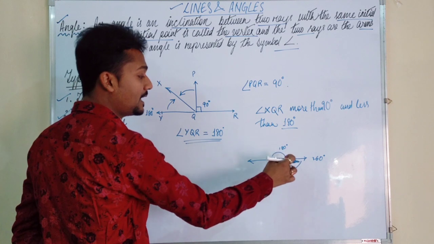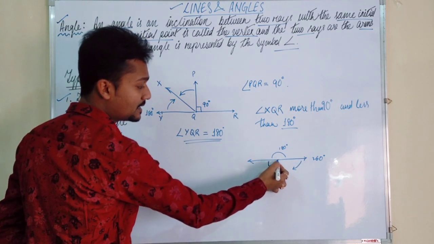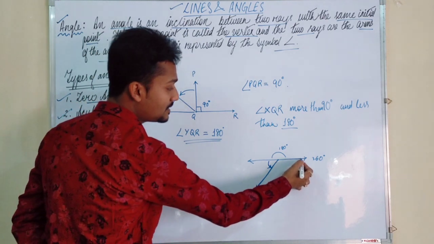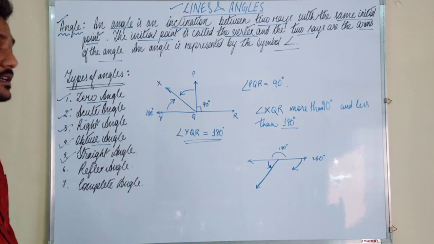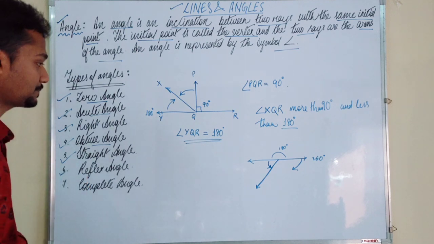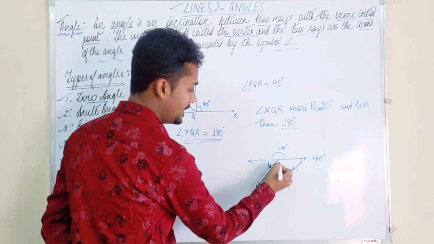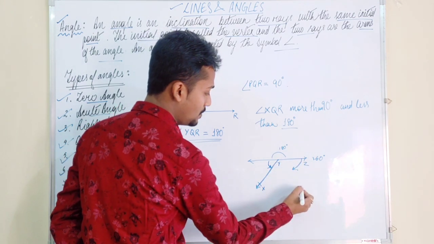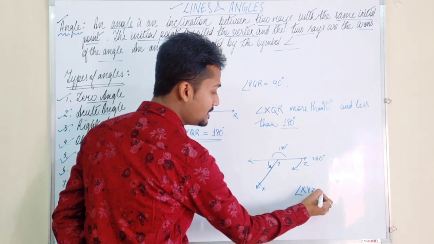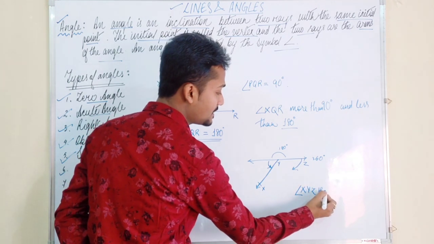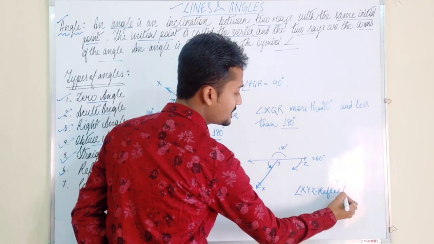If the angle is more than 180 degree but less than 360 degree, then these angles are known as reflex angle. In this case it is XYZ, so angle XYZ is a reflex angle.